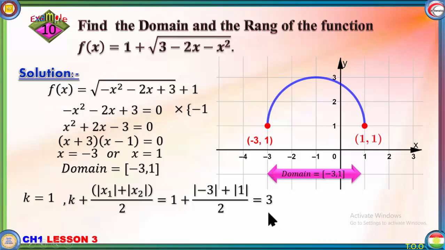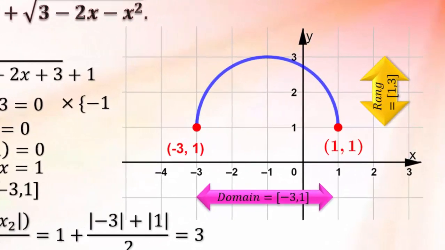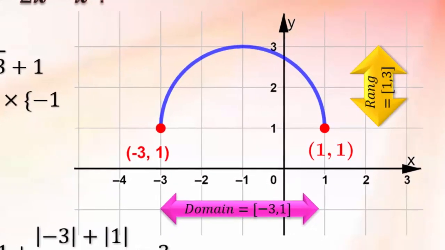Plus 1 is 3. Therefore the range begins from k, which is 1, to 3. From 1 to 3 is the closed interval.